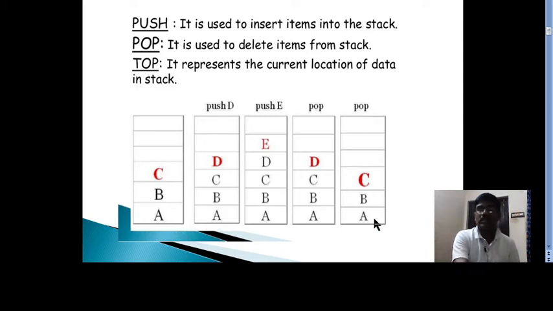In case 1, the top is at 0, 1, 2. In case 2, the top is at 3, and it is 4 in case 3, and so on. After a pop operation, it will be decremented. So push and pop operations change only the top position, but not the bottom position.